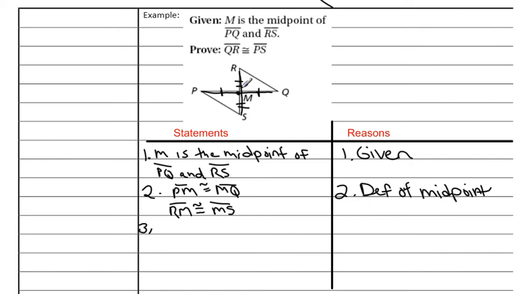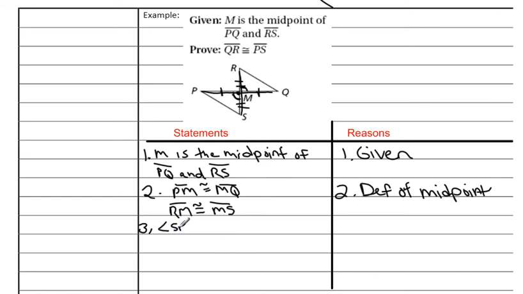Now I look at my picture and I notice that I can mark my vertical angles congruent. And I have to name these angles using 3 points, because if I just say angle M congruent to angle M, I don't know which M we're talking about. So because the 2 angles share a vertex, I have to name them with 3 points.